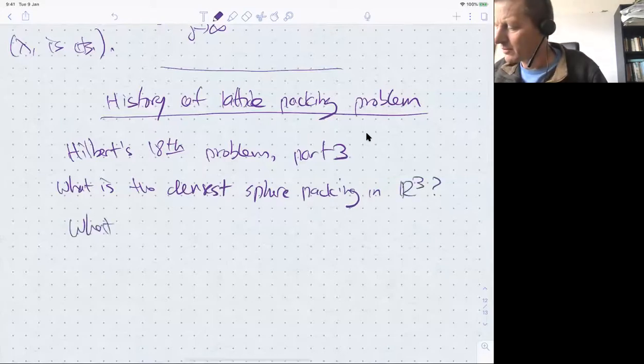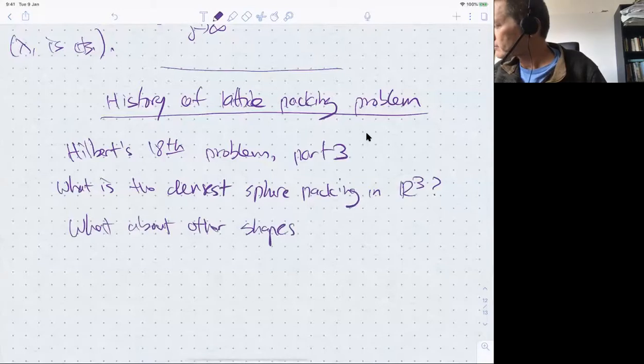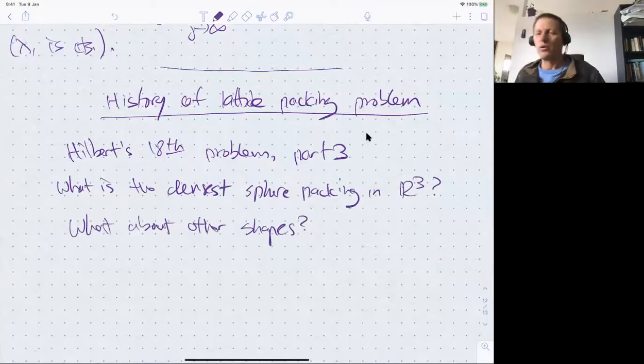What about other shapes? So what is this problem? You can ask about a lattice packing problem, which is what's the most efficient way to pack Euclidean balls in R3. You can add the extra restriction that the balls have centers.